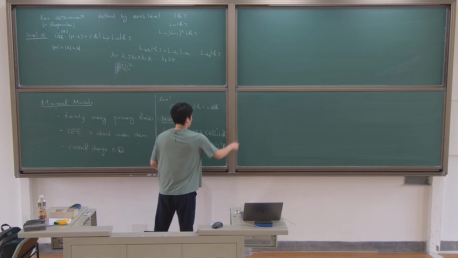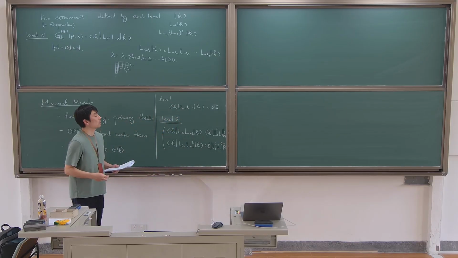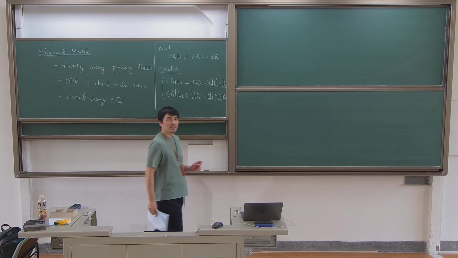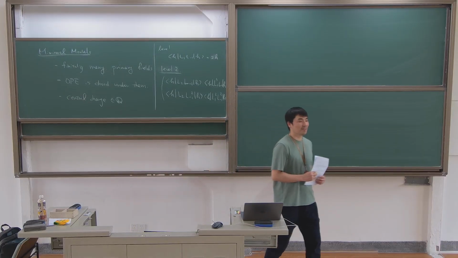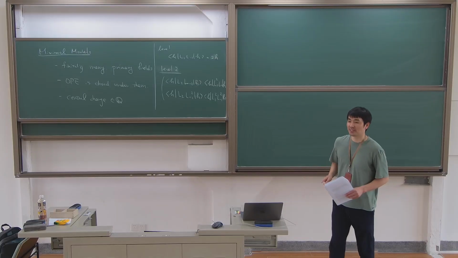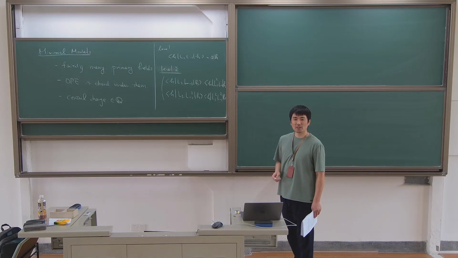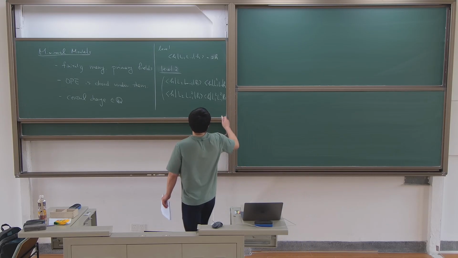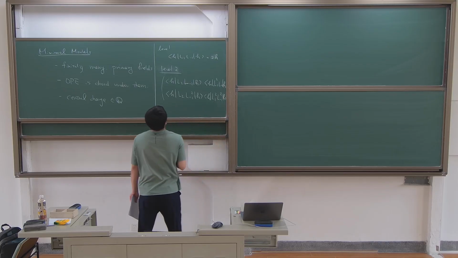I forgot how to say matrix in Chinese. 矩阵. 2 by 2 矩阵. Okay.